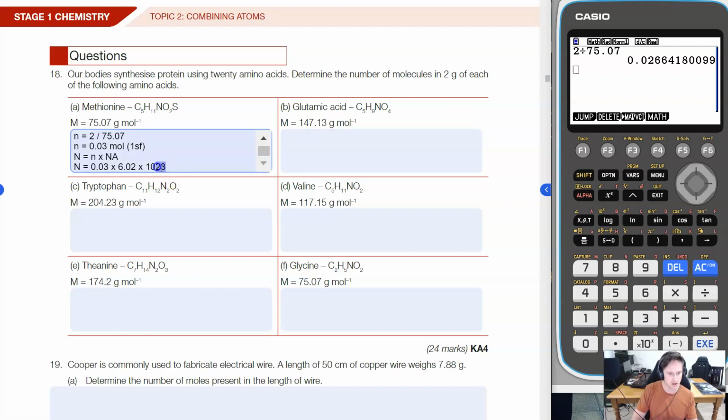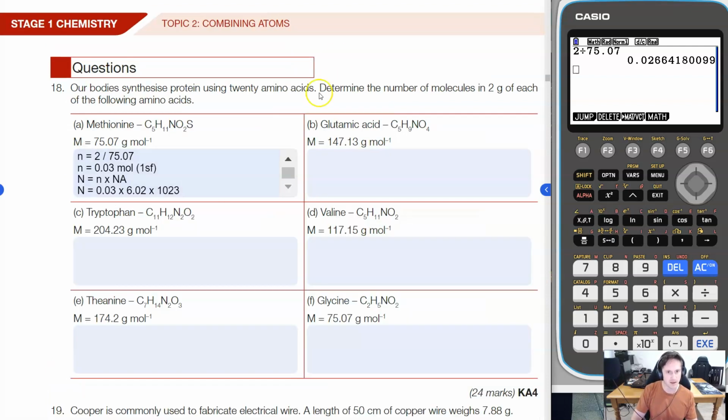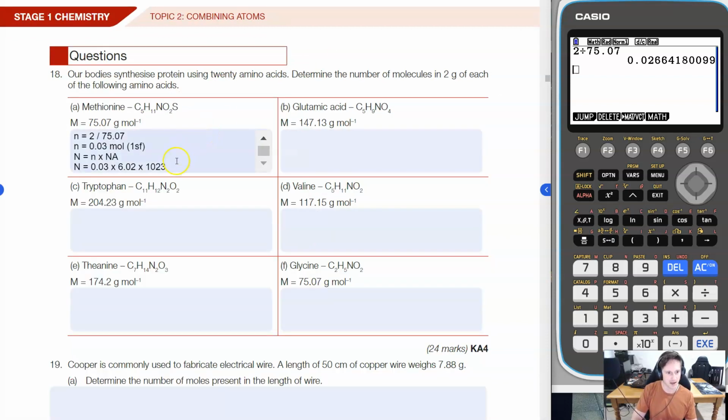Now I'm not quite sure I can do powers in this textbook. No, it doesn't look like I can. So I'll just make sure I write it like this, to the power of 23. So multiplied by 6.02 times 10 to the power of 23 is going to be this here.